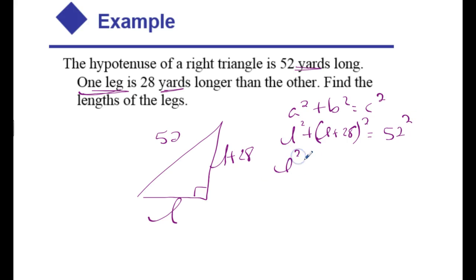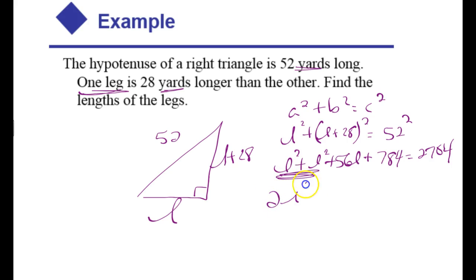Numbers get a little bit large here. I'm going to square the first, twice the product, so twice 28 is 56, and then I'm going to square the last, 784, and 52 squared is 2704. I'm going to combine like terms first, so 2L squared plus 56L, and can I subtract off the 2704 from both sides as well?